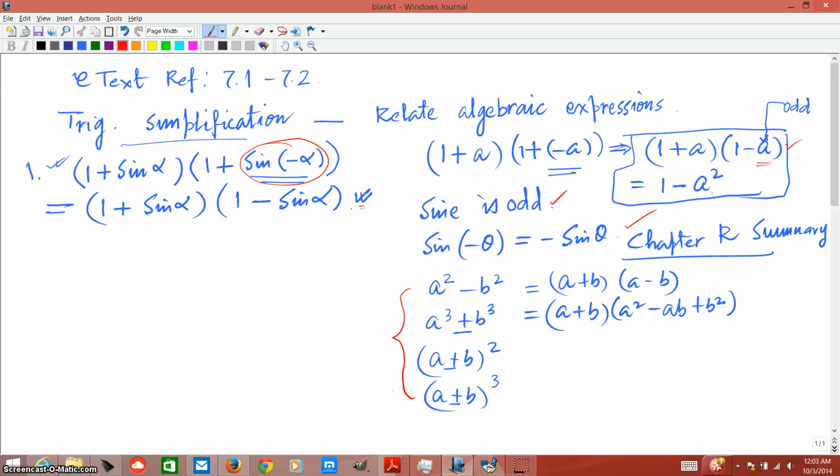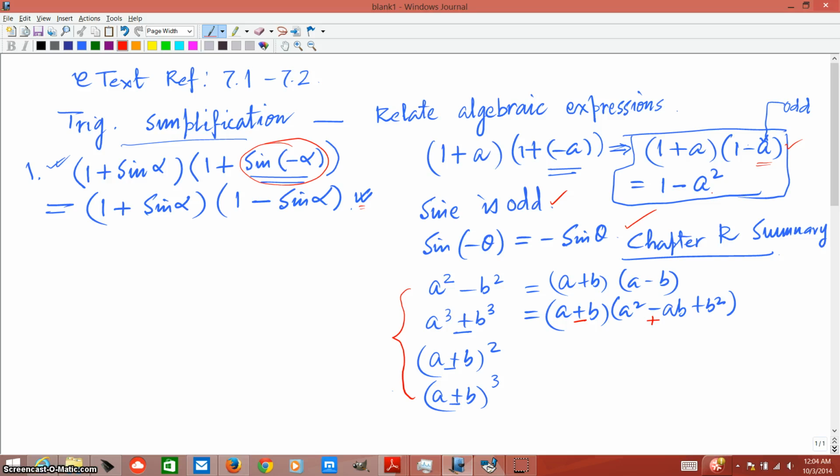When a cubed plus b cubed, the positive sign is maintained right here, and the opposite sign goes with that ab term. If it is a cubed minus b cubed, you would notice that it will turn out to be a minus b, and this one will be plus.